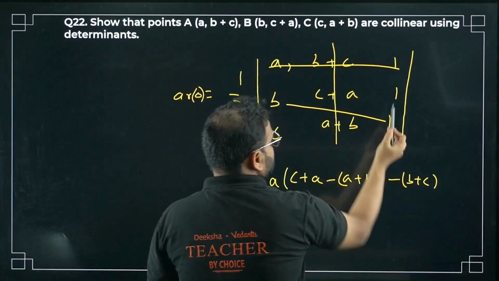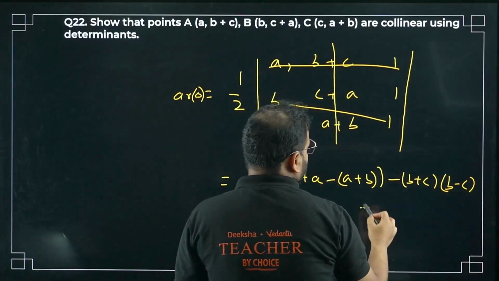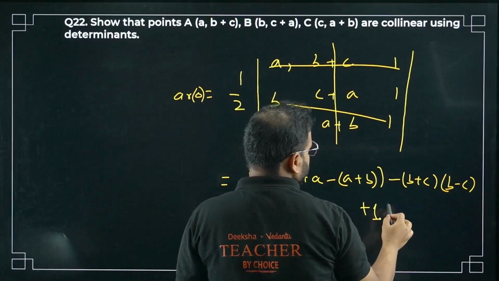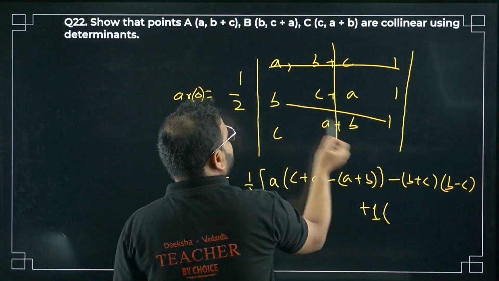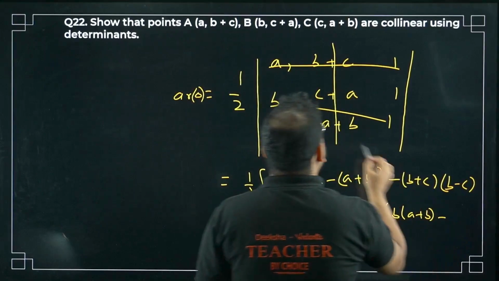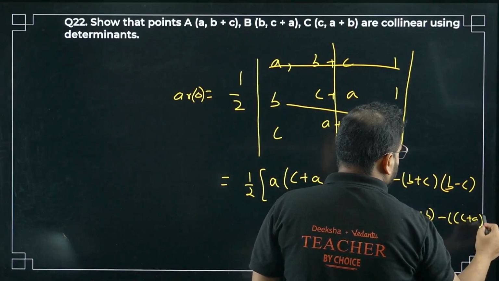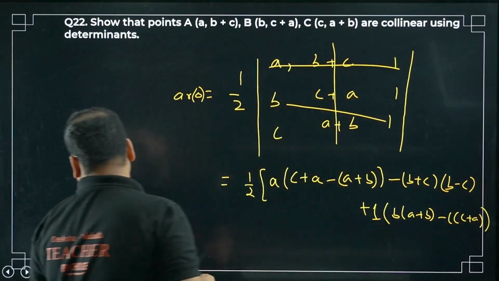B into 1 minus C, B minus C. The last one has plus 1, and I get B times (A plus B) minus C times (C plus A). This is clear, not a problem.